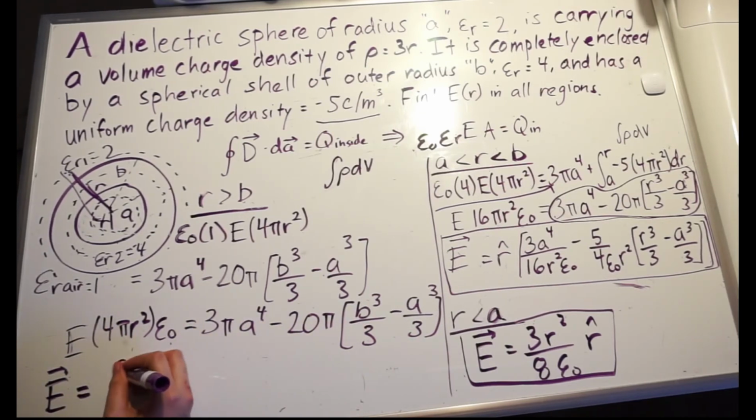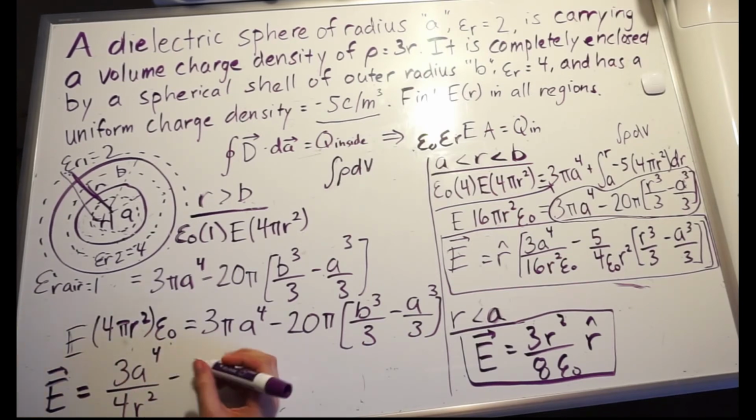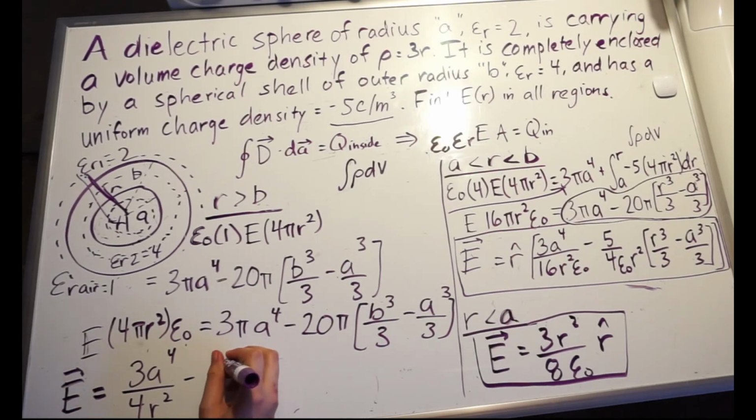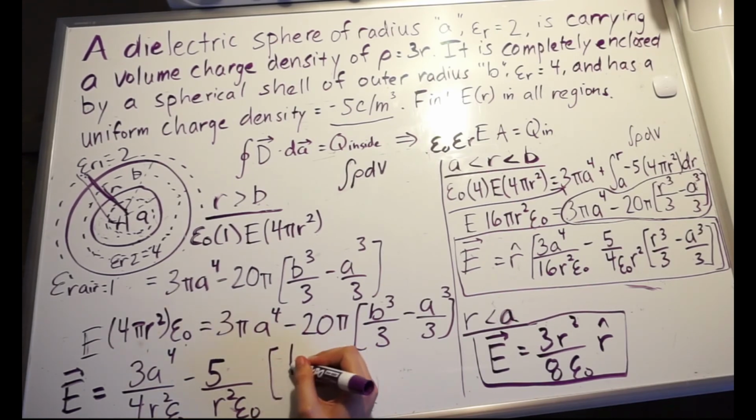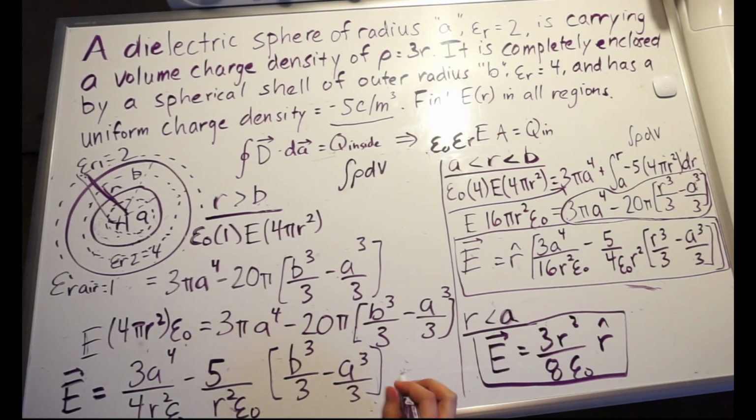So it's going to be 3a to the 4 over, pi's are going to cancel out, so 4 r squared epsilon naught, minus 5, pi's are going to cancel out, so 5 over r squared epsilon naught times b cubed over 3 minus a cubed over 3, in the r hat direction.